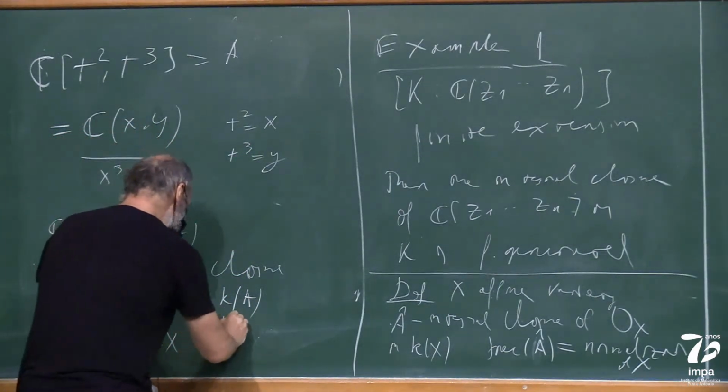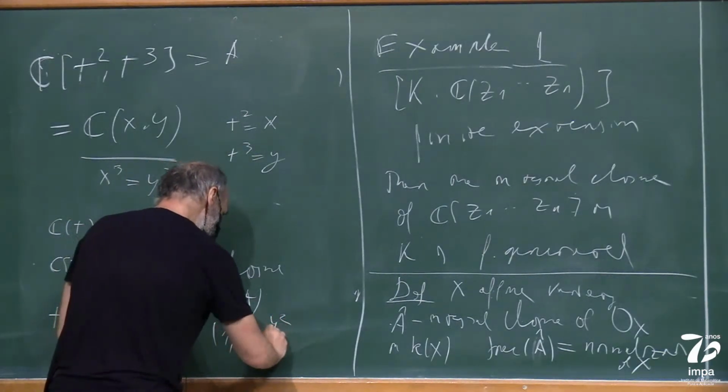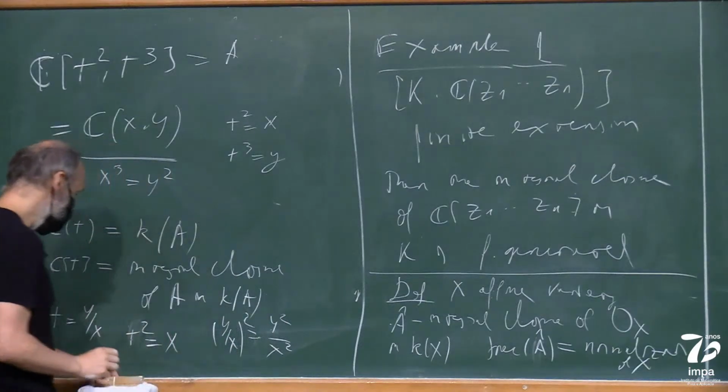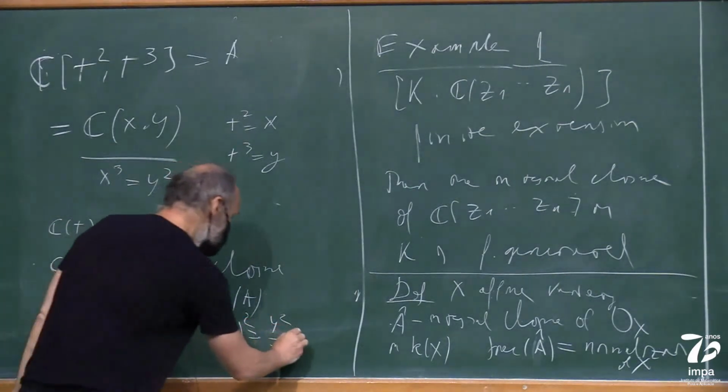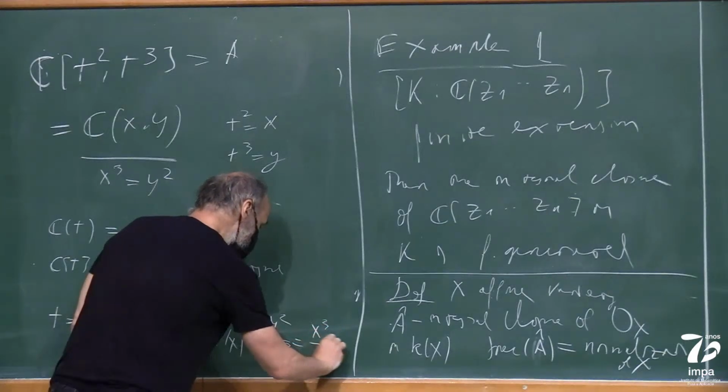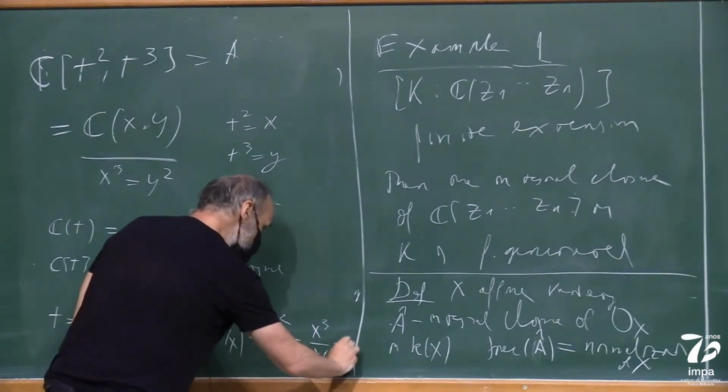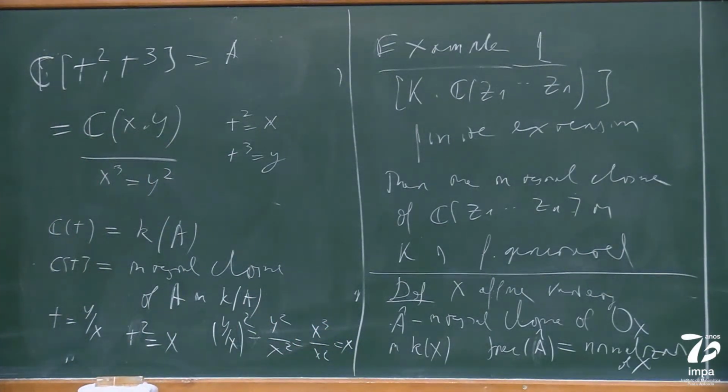So in other words, y squared divided by x squared is t squared, right? But y squared is x cubed. So this is x cubed by x squared, and this is x.